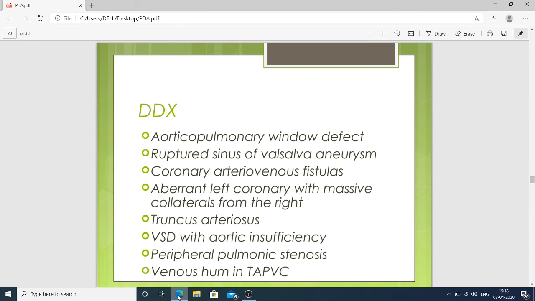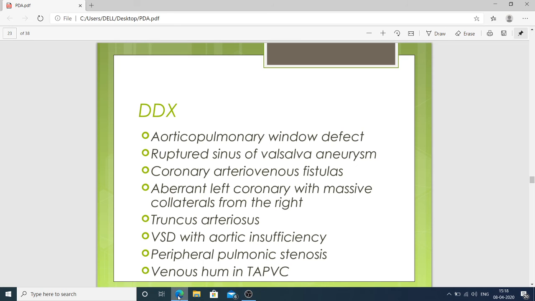Then DDX. DDX stands for differential diagnosis, which is the distinguishing of a particular disease or condition from others that present similar clinical features. For example, similar clinical features like runny nose, fever, pain, these kinds of conditions.